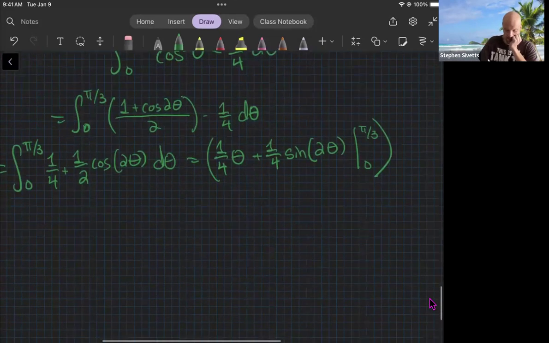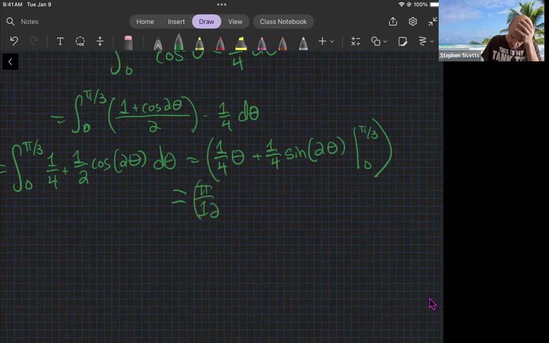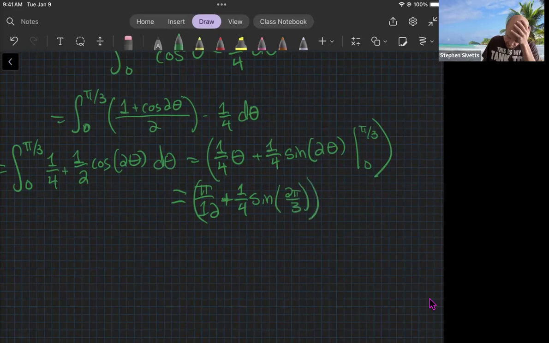So this would equal pi over 12 plus 1/4 times sine of 2 pi over 3. Sine of 2 pi over 3 is root 3 over 2.